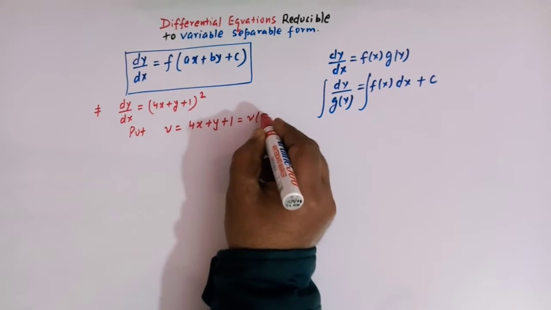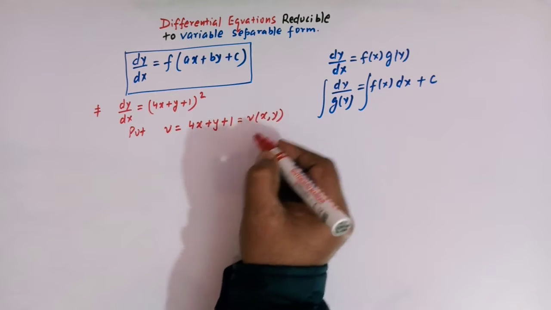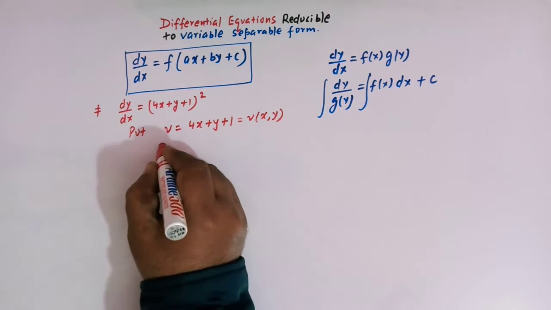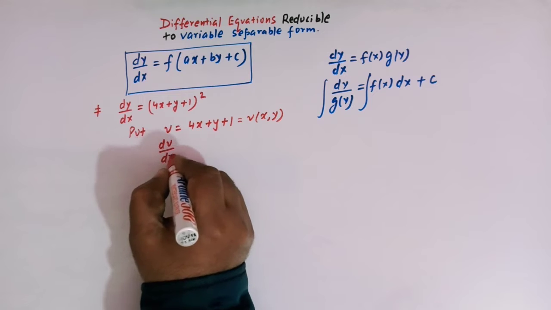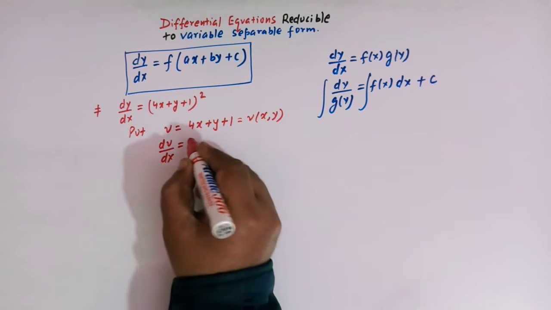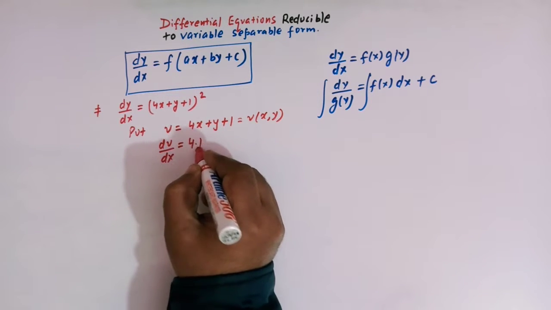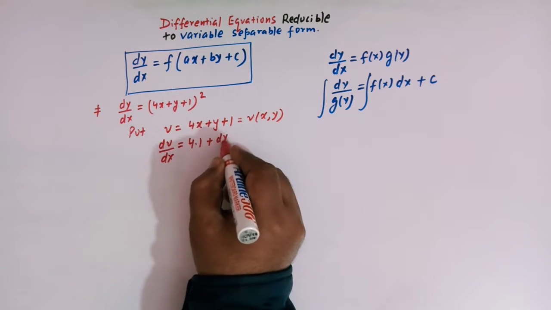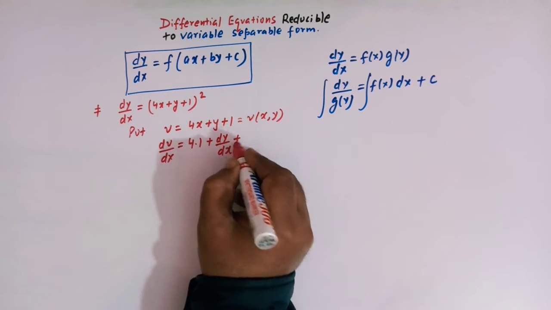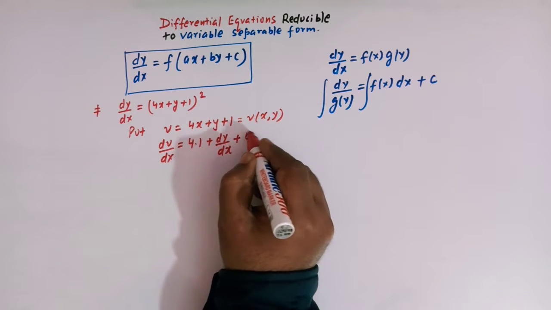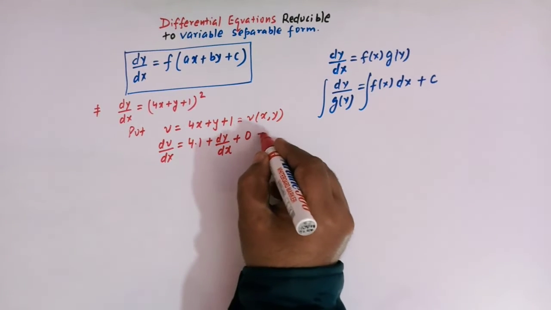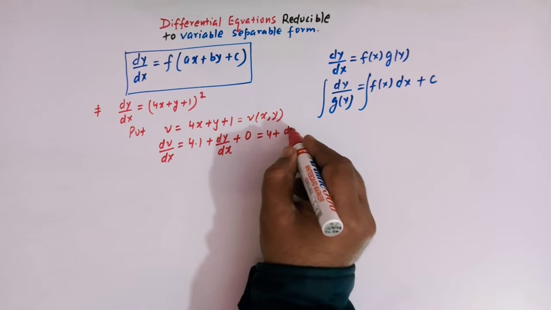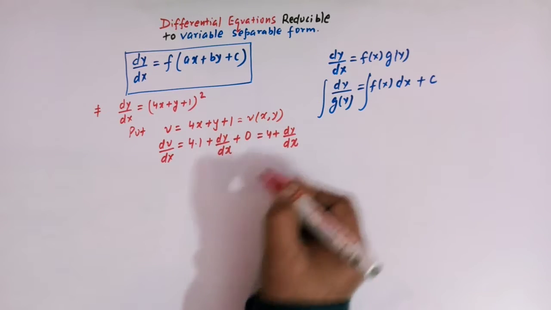If we take the derivative of both sides with respect to x, we get 4 times 1, since the derivative of x is 1, plus dy over dx, and the derivative of 1 is 0. So dv over dx equals 4 plus dy over dx.